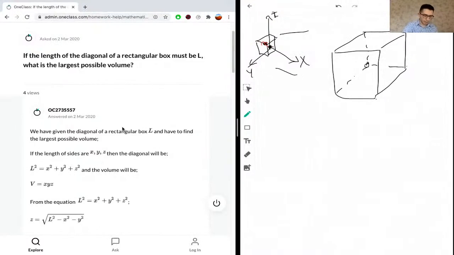We're saying from this point to this point is our L, the L value for which we are trying to find the largest possible volume.